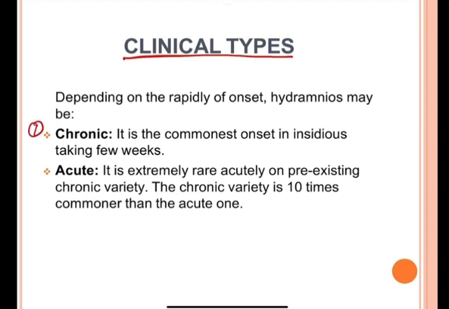First one is the chronic type. It is more common, and what it means is that polyhydramnios in this type occurs gradually and is not a sudden thing. But acute polyhydramnios is rare and it occurs on the pre-existing chronic variety.